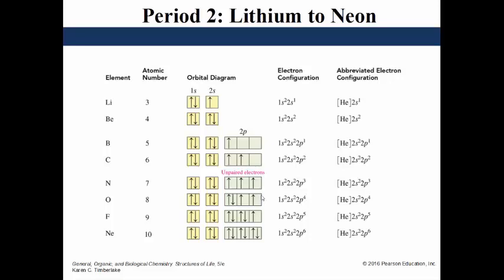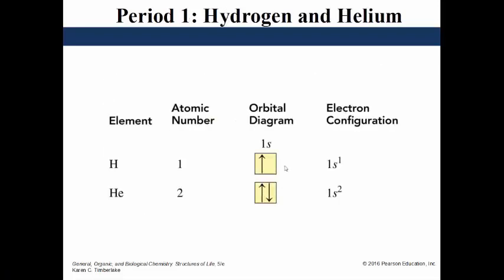Alright, here are some other common ones. On period number 2, from lithium down to neon, you see the element and the atomic number, the orbital diagram, note the boxes, the electron configuration here, and also the abbreviated electron configuration. And here's what that means. For this last column, you'll see helium in brackets plus whatever's left over, because this is the same thing as this, 1s2.